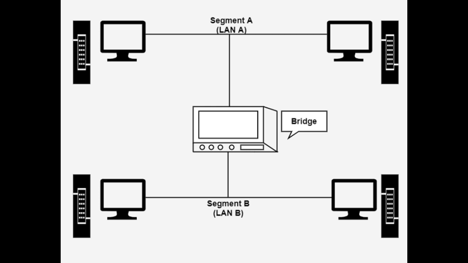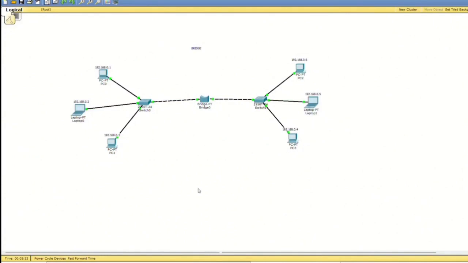The bridge reads and discards all packets from LAN A sent to a computer on LAN A, and packets from LAN A sent to a computer on LAN B are retransmitted to LAN B. The packets from LAN B are handled by the same method. Let's take a live example for better understanding.